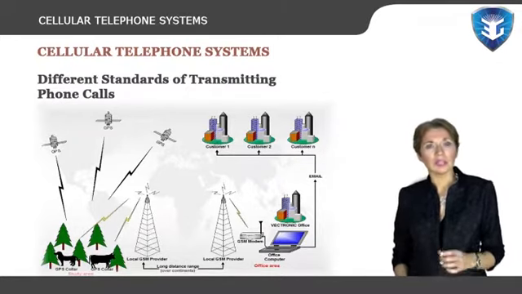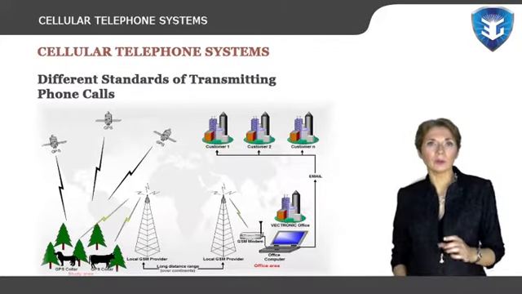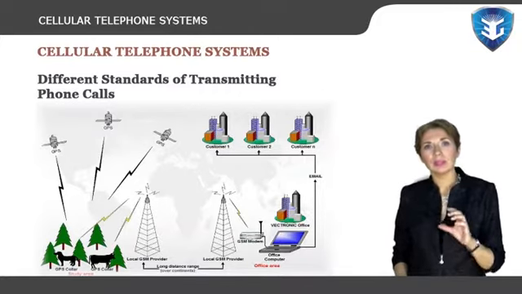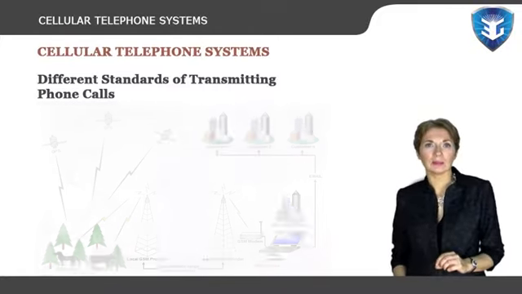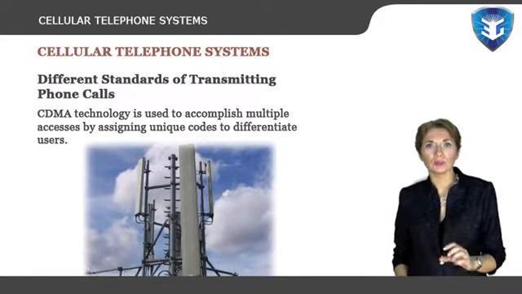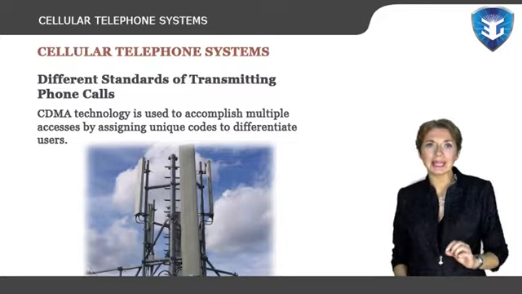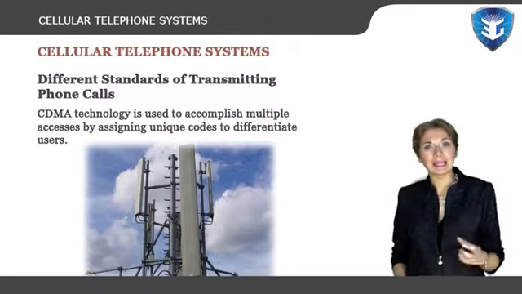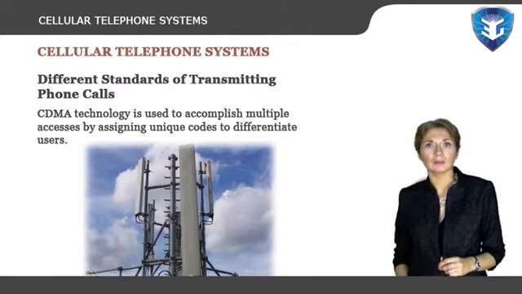GSM technology is used to accomplish multiple accesses by assigning time slots to every user from which during that time the information must be transmitted. Other PCS providers use Code Division Multiple Access, or CDMA, for their network system, which is a new transmission standard that was invented in 1989 by Qualcomm, a company based in San Diego, California.